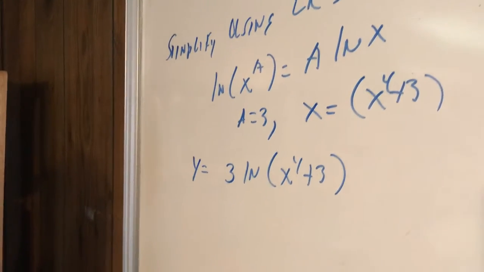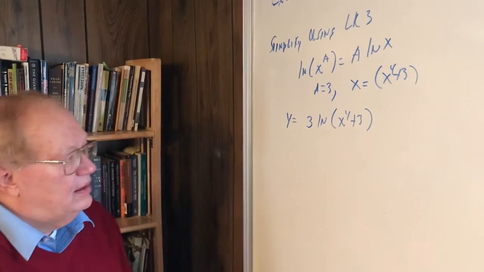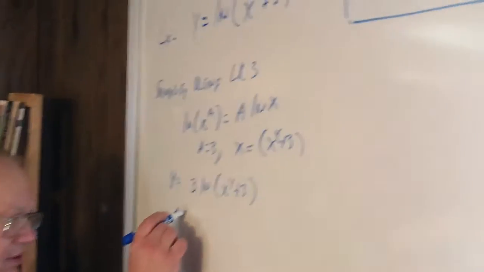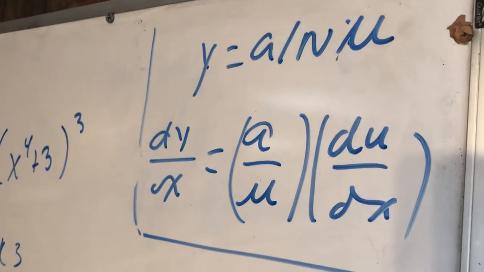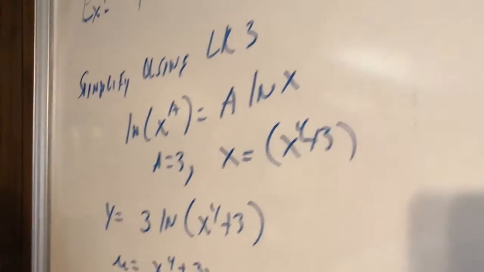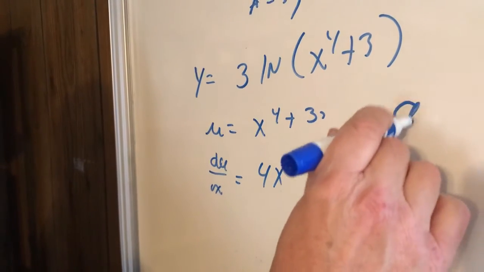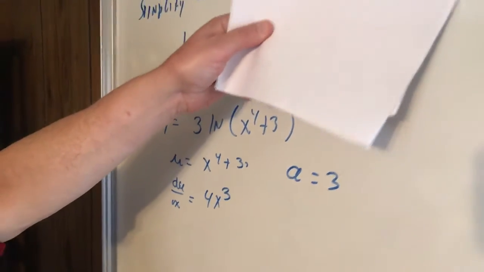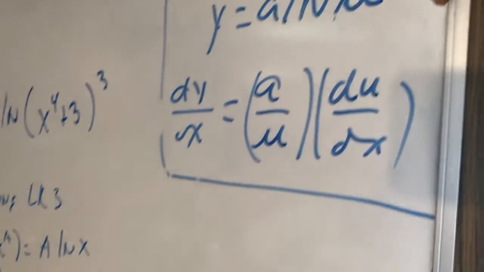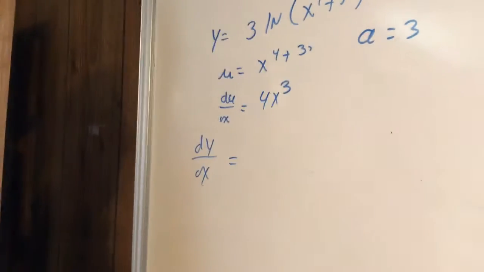This is a very handleable problem. I can actually use the log rule up there. I just let u equals x fourth plus 3. So du dx comes out to 4x third plus 0. And we know here a equals 3. So substituting in my log rule, dy dx, in this case, is going to be a over u.